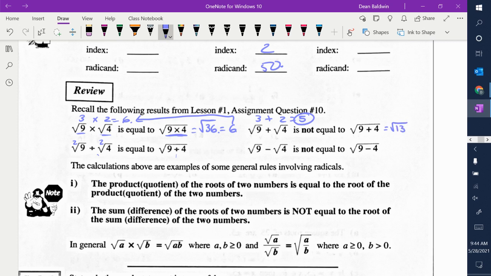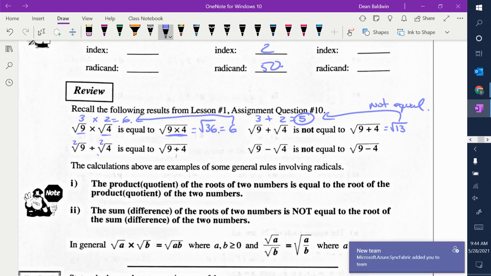Is the square root of 13 5? No. So these are not equal. So if you are multiplying or dividing, you can take 2 square roots and put them under one radical sign, under one square root sign. You cannot do it for addition or subtraction. Okay?